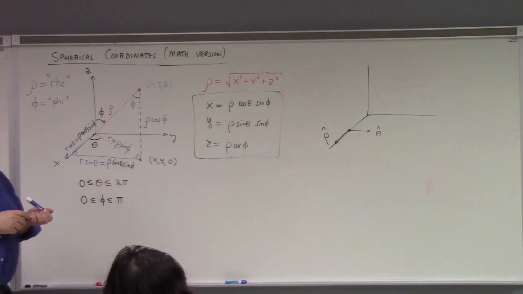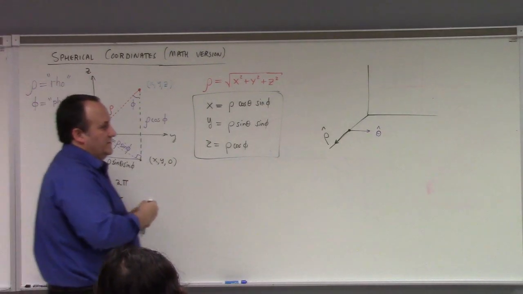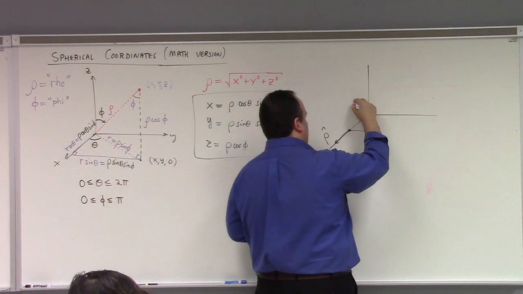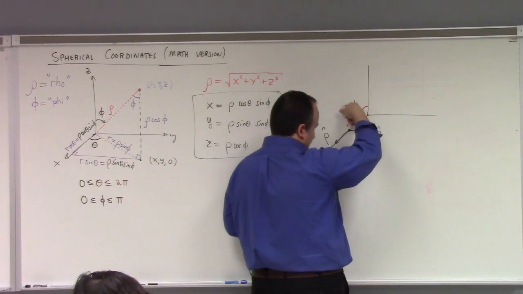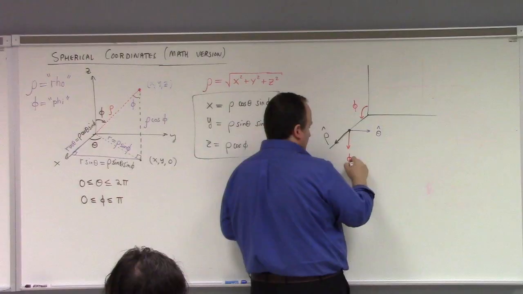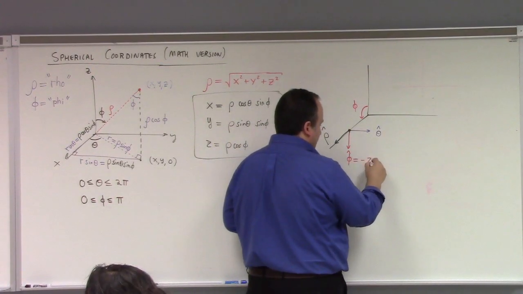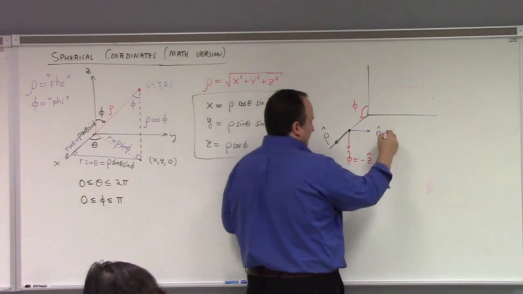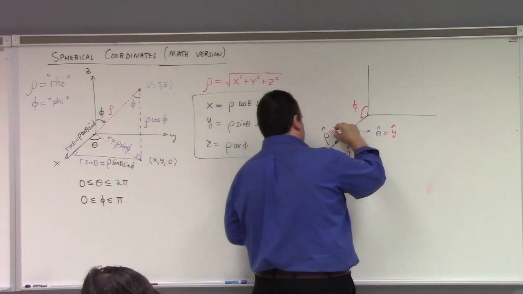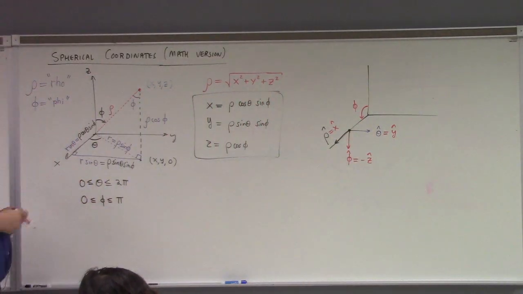Now phi hat, where does it go? Phi swings like this, swinging down. So here, the direction of increasing phi is straight down. So at this point on the positive x-axis, phi hat's actually like minus z hat, and theta hat, for what it's worth, is actually y hat, and rho hat is actually x hat at this particular point. Those are not generally true, but they're true at that specific point.